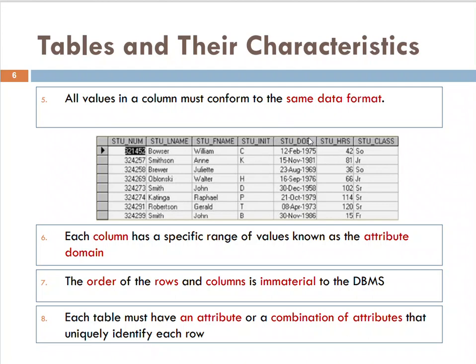So all the data under the same column, which is student date of birth, has the same data format, which is in the date format. Okay. Then each column has a specific range of values known as the attribute domain. Okay, specific range of values. Okay, for example, kalau dia tarikh dia of course ada from 1st January until 31st December.